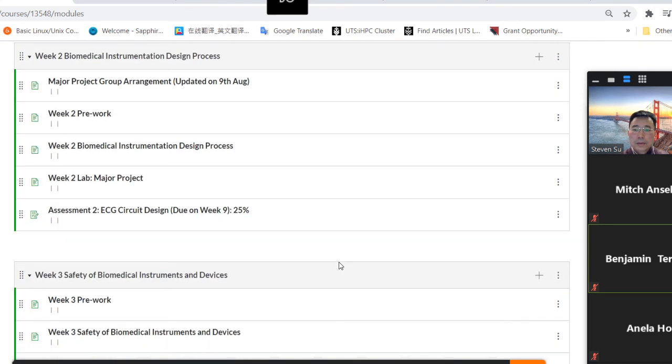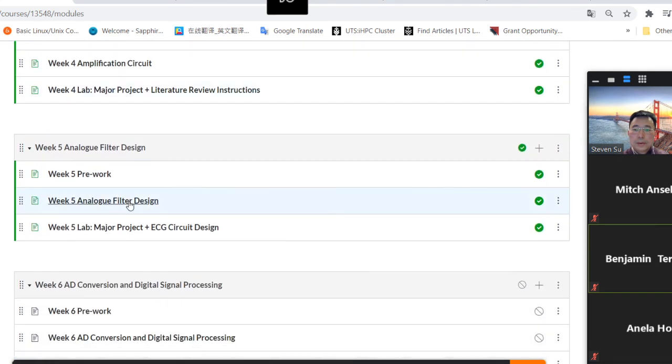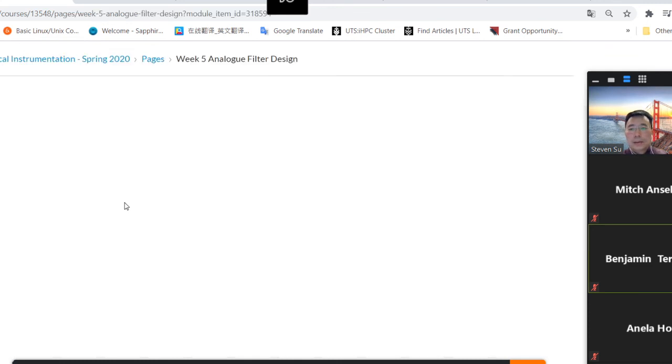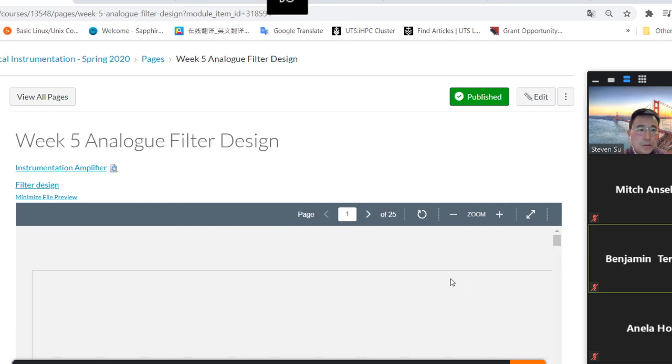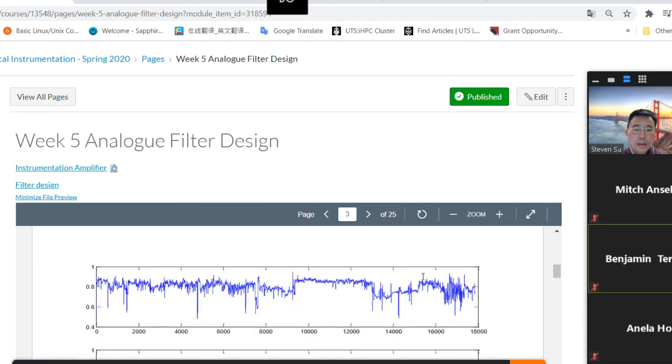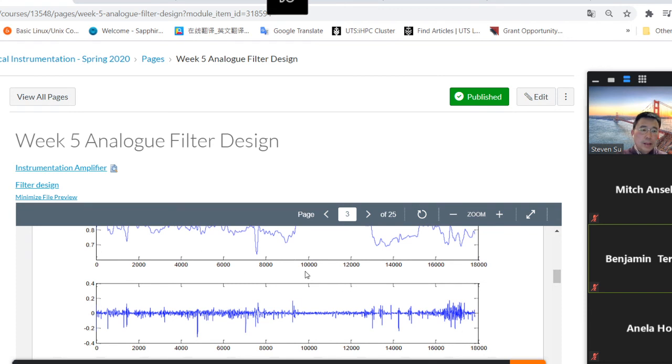Analog filter design is a very important part. I hope you can read something about filter design. I will also show you how to use MATLAB to design a filter. This is the thing I don't have time to cover.